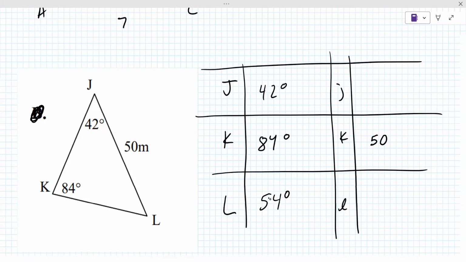Okay, little j 33.6. Good. Meters, if you need to. And then go ahead and determine the other value.